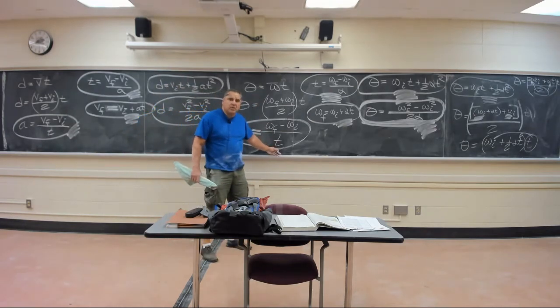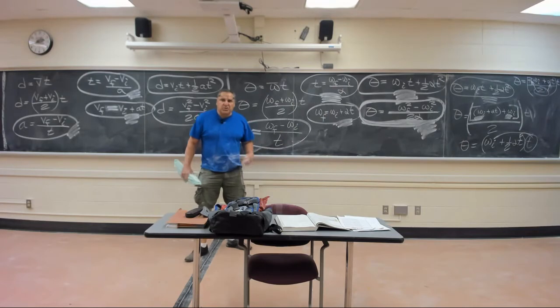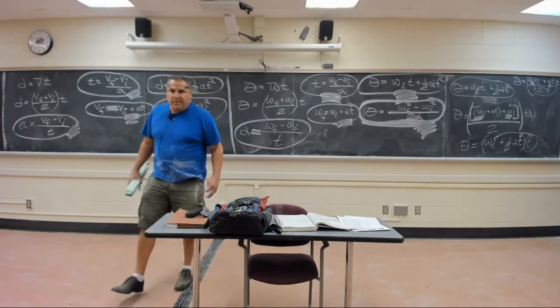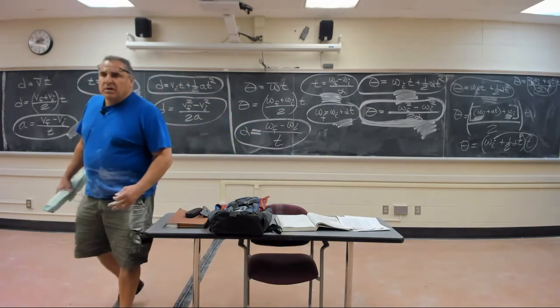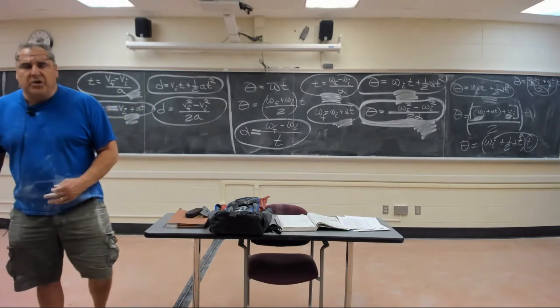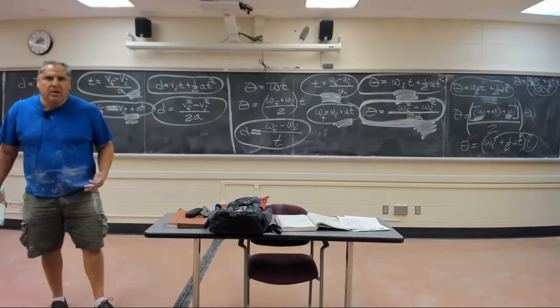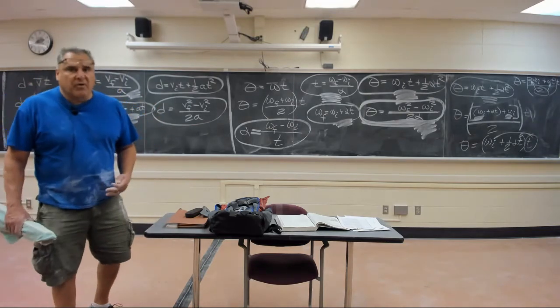Why wouldn't they hold? When you speed up, you cover more ground. In this case, you cover more angle. When you go slow, you don't cover a lot of angle. When you go fast, you do cover a lot of angle.